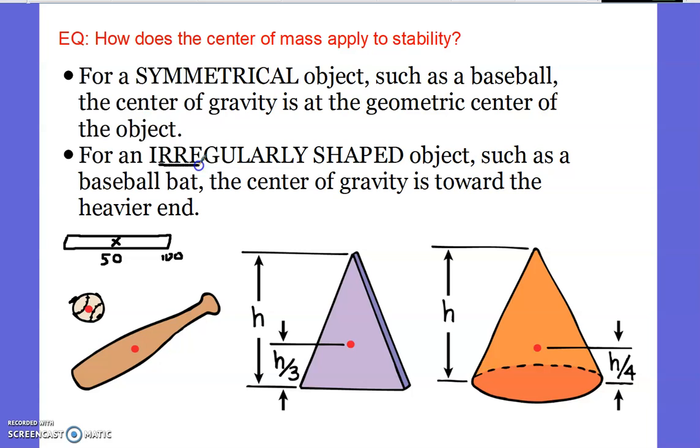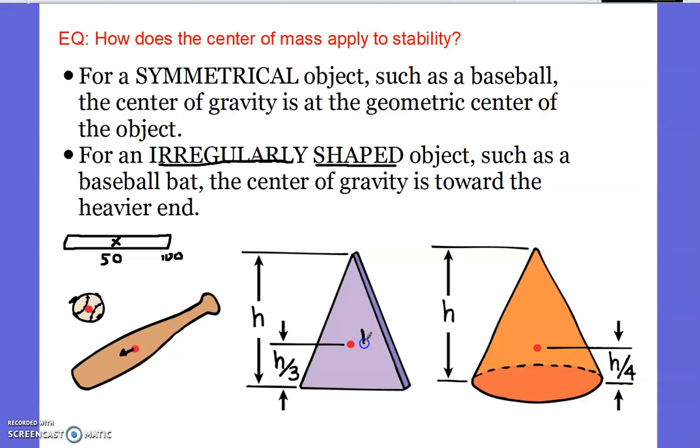But for an irregularly shaped object, such as the baseball bat, the center of gravity is going to be towards the larger end. It's not in the middle. It's not that we can just take the total length and divide by 2. Instead, it's going to be shifted towards the heavier end of the bat. For example, if we look at this triangle here, the center of gravity is not in the geometric center.